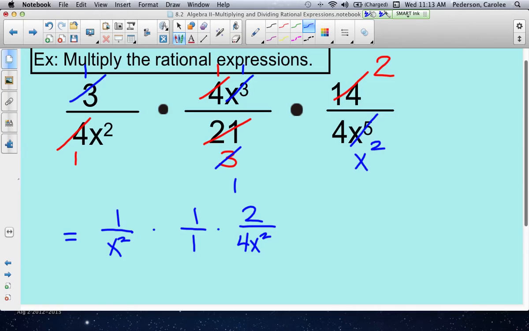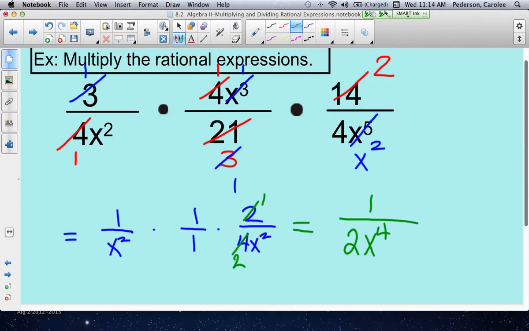Look again. These can cancel to 2 and 1. Now let's multiply across. 1 times 1 times 1 in the numerator is a 1. And then x squared times 1 times 2 times x squared is 2x to the 4th. What's the domain restriction?